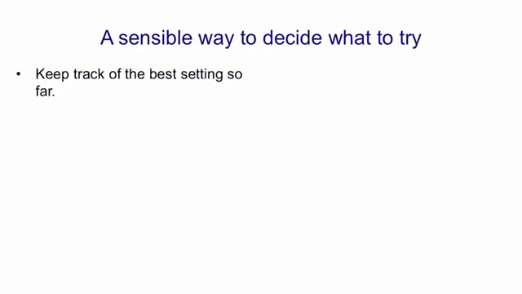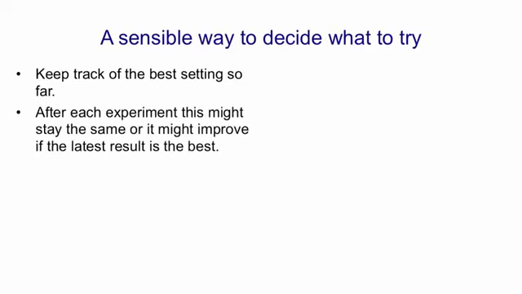So what we're going to do is keep track of the hyperparameters that have worked best so far. That is a single setting of all the hyperparameters that gave us the neural net with the highest performance so far. Now, when we run the next experiment, our best setting so far might be replaced by the new experiment because it gives better performance of the neural net, or it might stay the same.